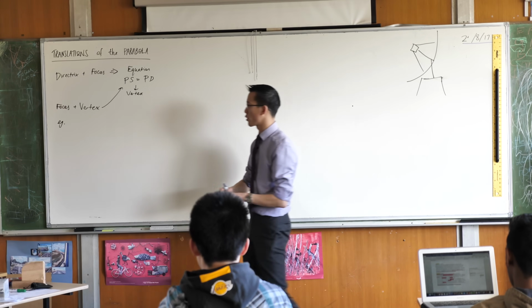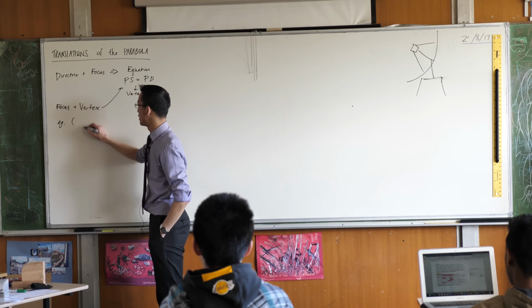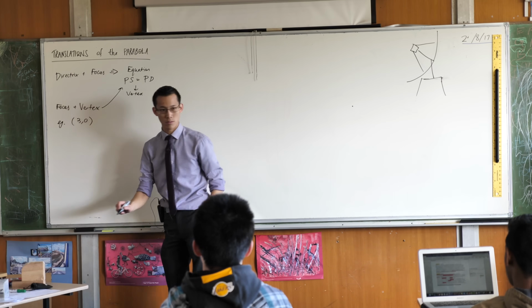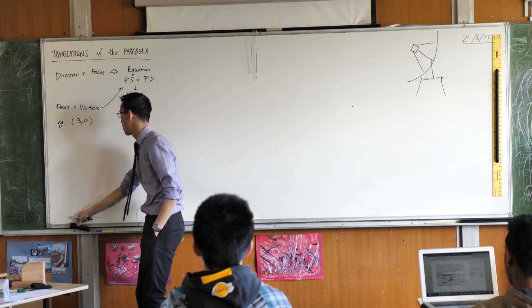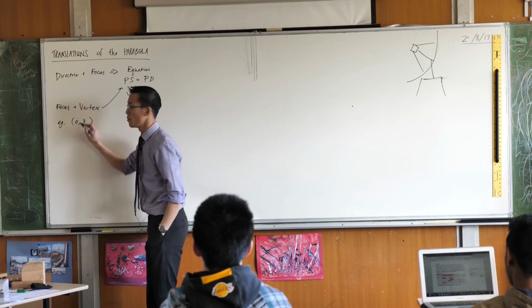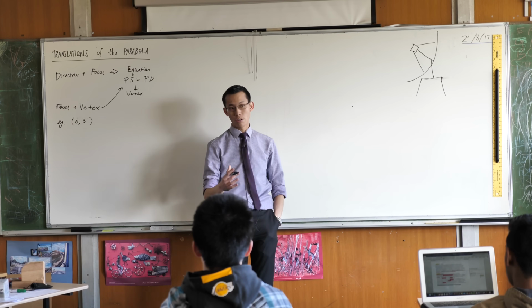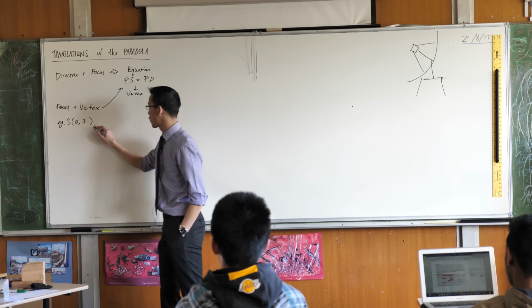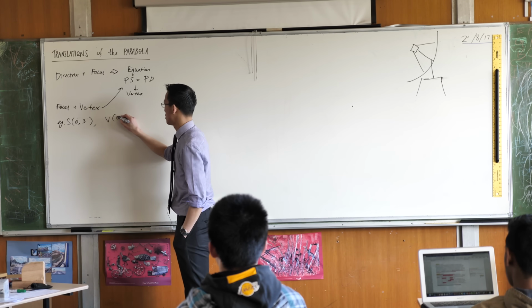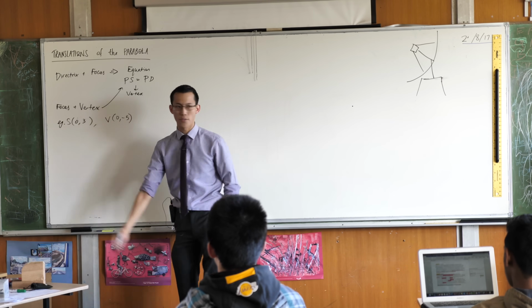If I gave you the focus as, say, 0, 3, and I told you that in addition to the focus, the vertex is somewhere like, say, 0, -5.